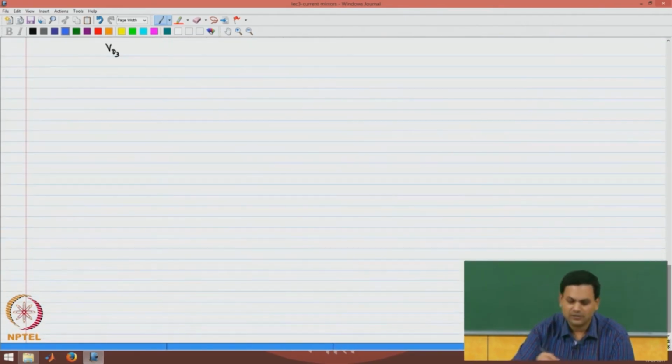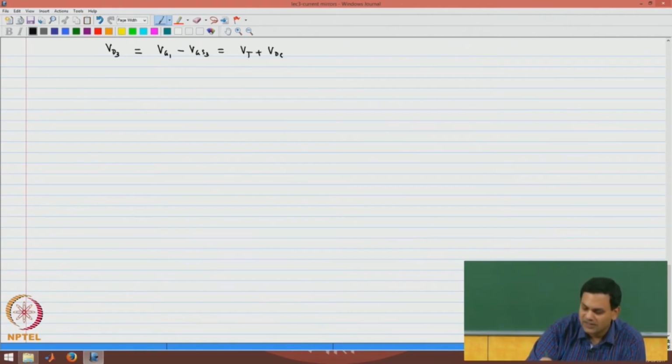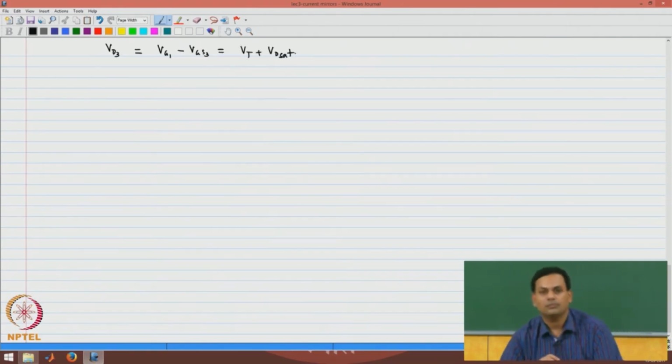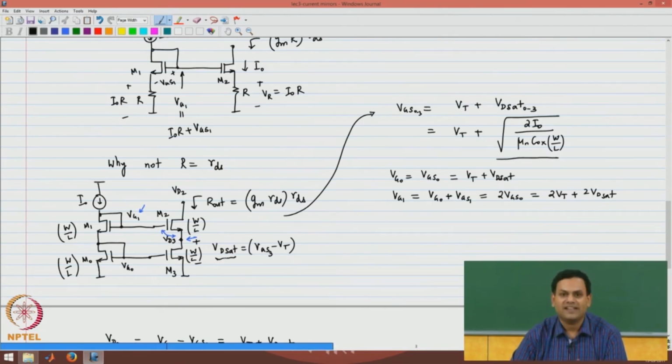So note that from KVL, VD3 is equal to VG1 minus VGS3, and this is equal to VT plus VD sat again. So, in other words, the voltage at the drain of M3 is at a voltage not VD sat but VT plus VD sat.